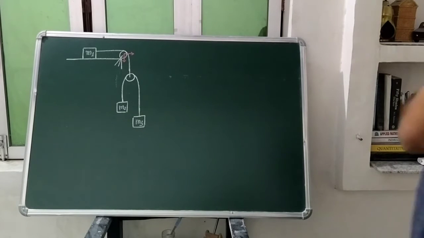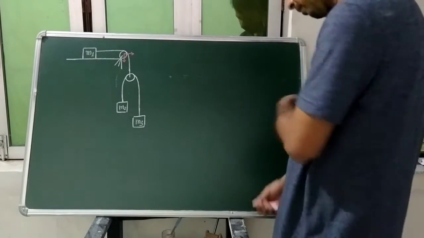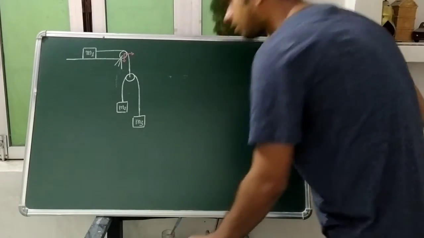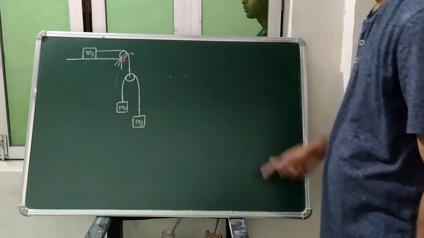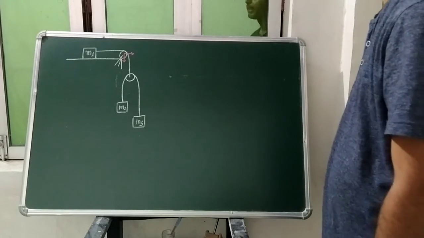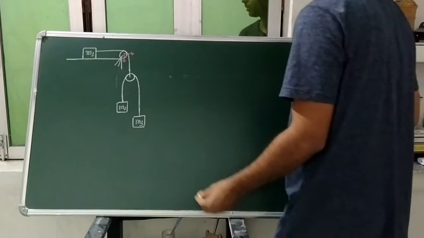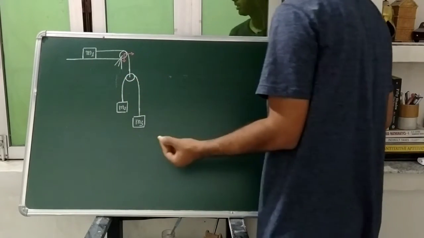After selecting the coordinate system, our next step should be to write down the lengths of the strings from that fixed point or coordinate system. So what are the lengths of the string?